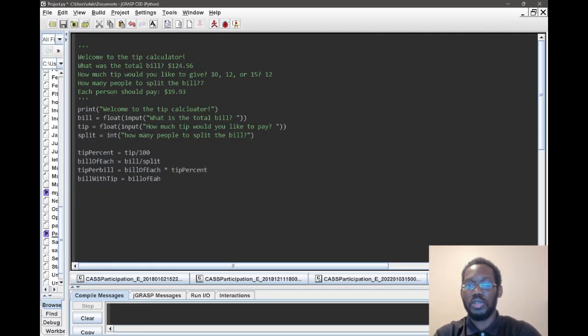So the bill with the tip will be, I hope that's not confusing, let's say final bill of each. That will be the bill of each plus the tip per bill.